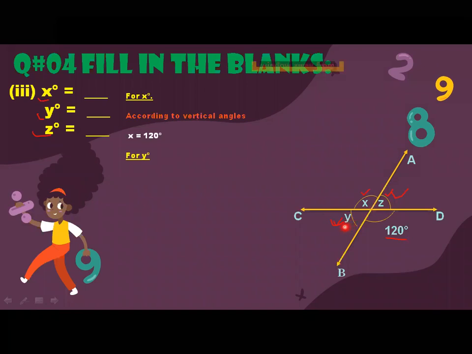Okay, now as you can see, the adjacent angle of Y is 120, and together Y and 120 are forming the angle of 180 degree. So what we will say, according to what? According to supplementary angles, you will write y plus 120, means you are going to add this y into 120.